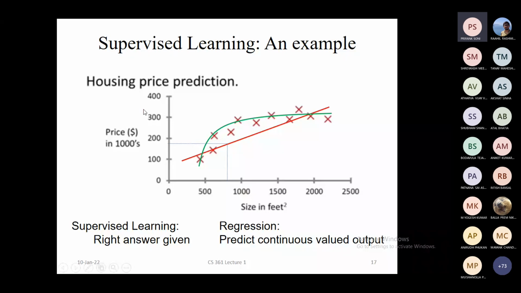And if it is continuous in nature, we call it a regression problem. But you must remember, y-axis means the output is concerned, not input. Okay, so this is the definition, because a lot of people can't say what the difference between regression and classification is, even in a supervised setting. That is important.